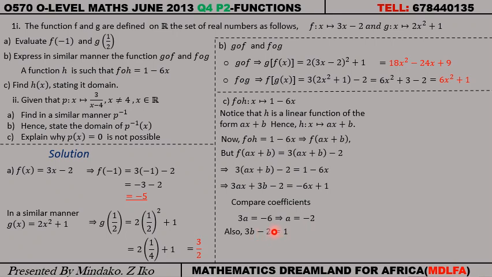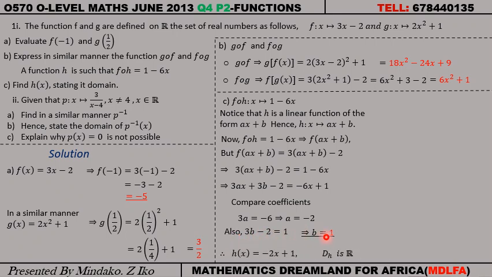According to subject of the formula, if a term crosses the equality sign, the sign changes. So I'm going to have 3b equal to 1 plus 2, which is 3, and then I divide all through by 3 so that b is equal to 1.